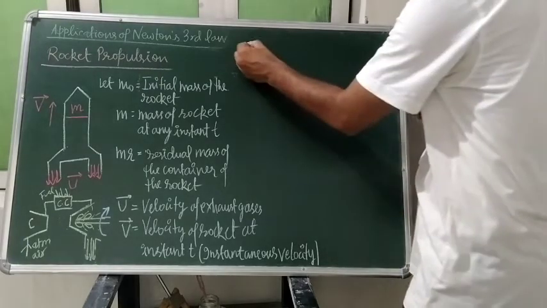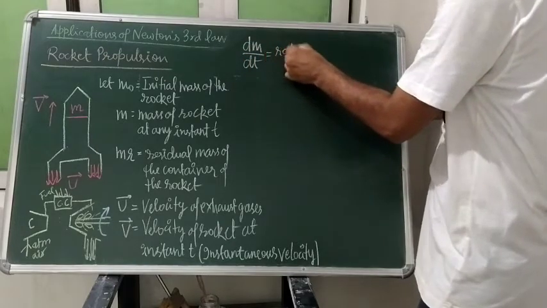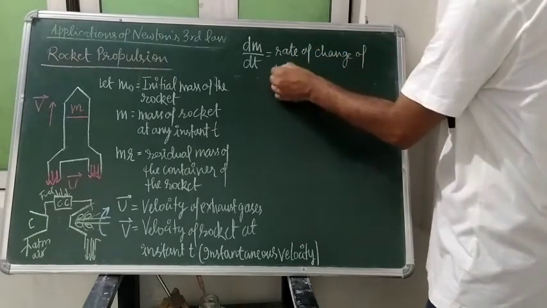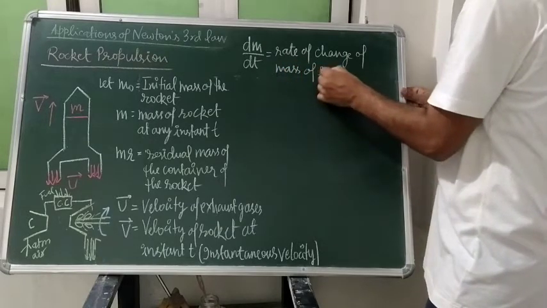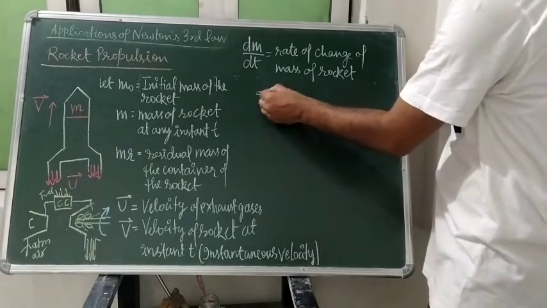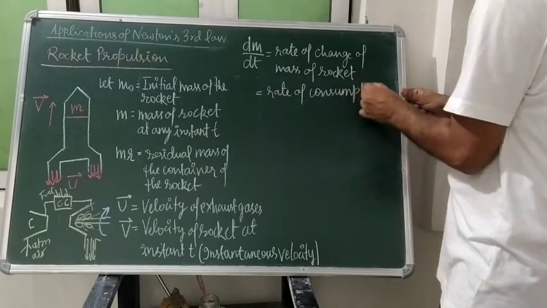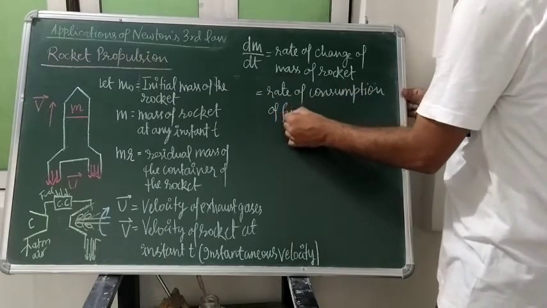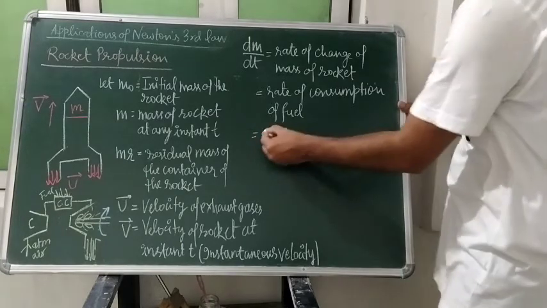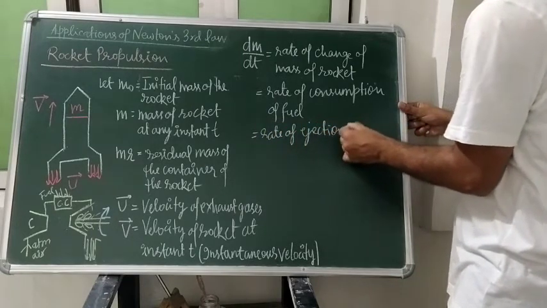So we will say that dm upon dt is the rate of change of mass of the rocket, and we can also say it is the rate of consumption of fuel, or the rate of ejection of fuel.